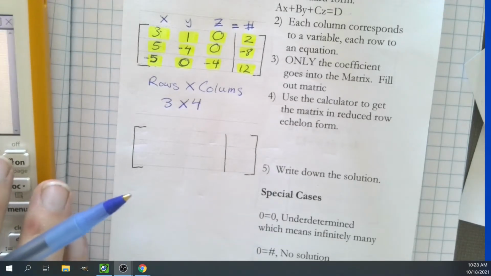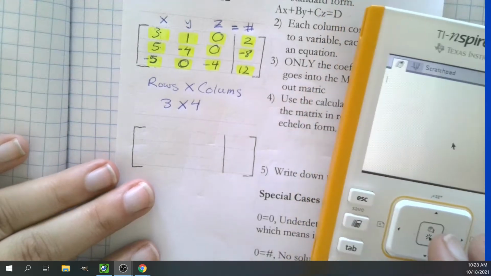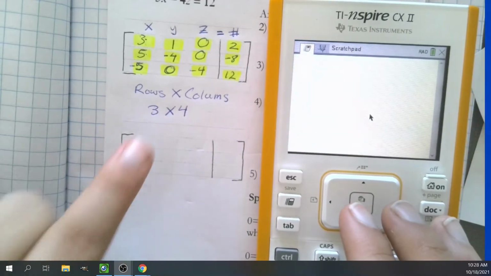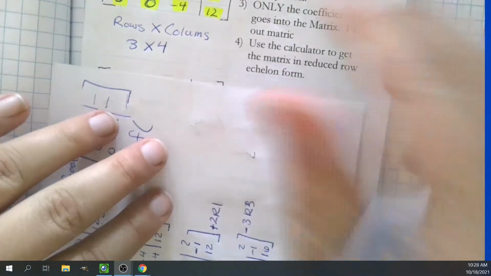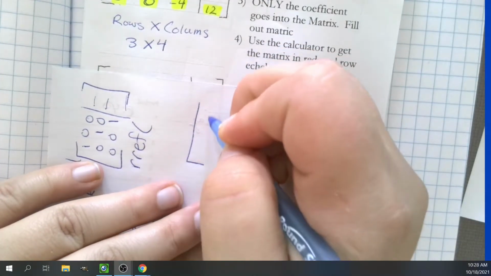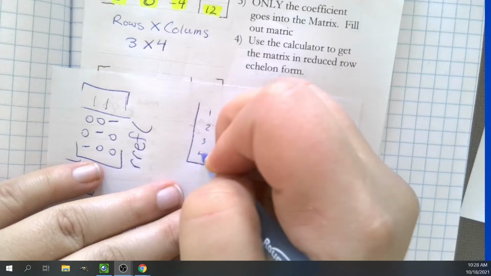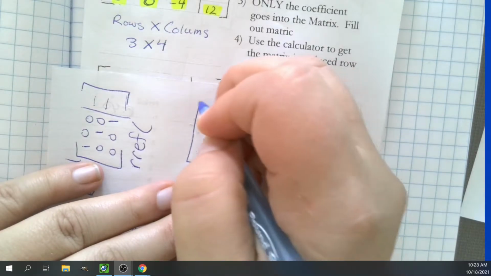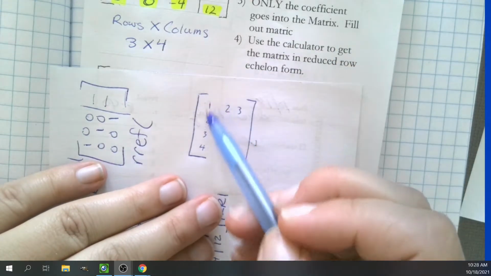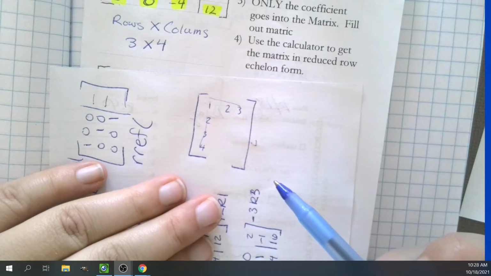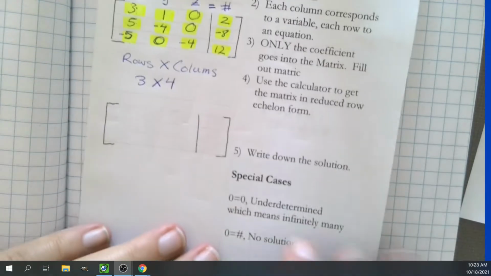Okay. So this is a 3 by 4. If I said 4 by 3, a 4 by 3 would mean we have 1, 2, 3, 4 rows, 1, 2, 3 columns. So this would be a 4 by 3. You guys following me? We want a 3 by 4.